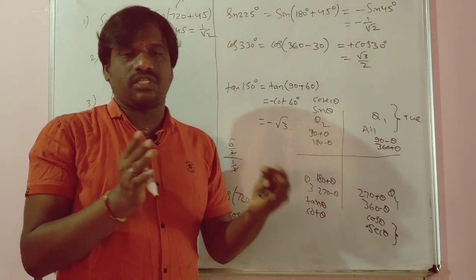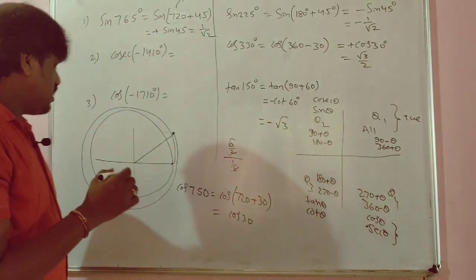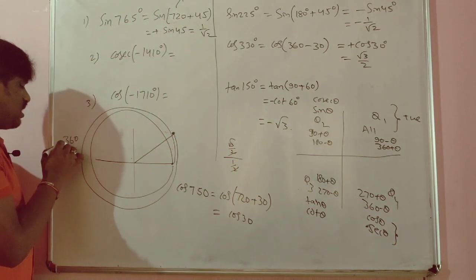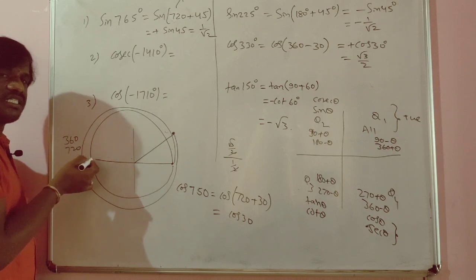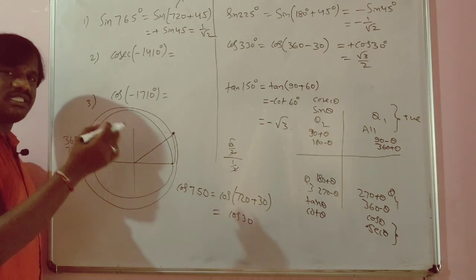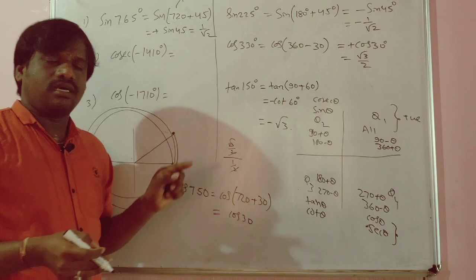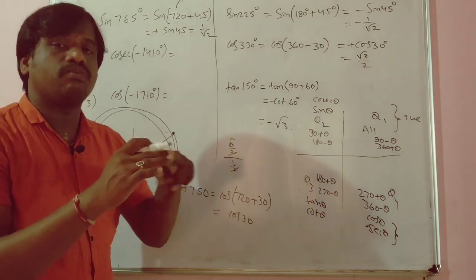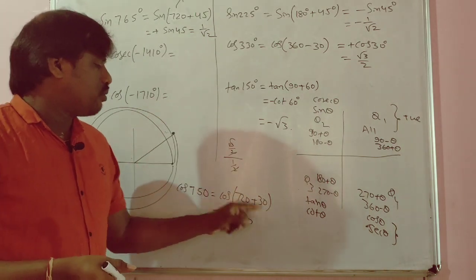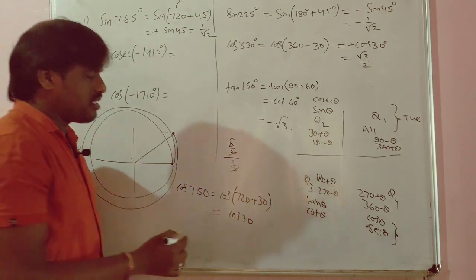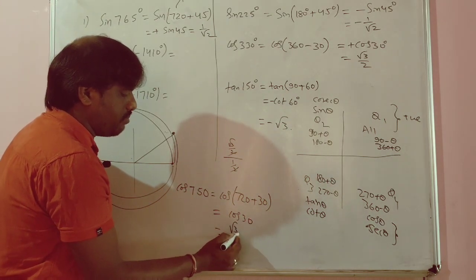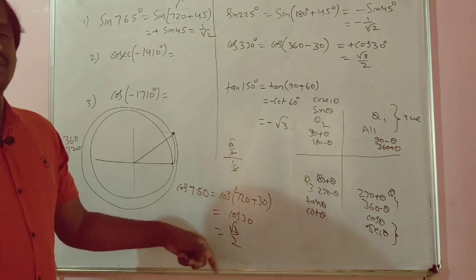You can add 360 like that, all 360 multiples. Above that, the answer will be taken by how much more angle it is. This is 30 more, so cos 30 value root 3 by 2 is the answer. So this is the way to do it.